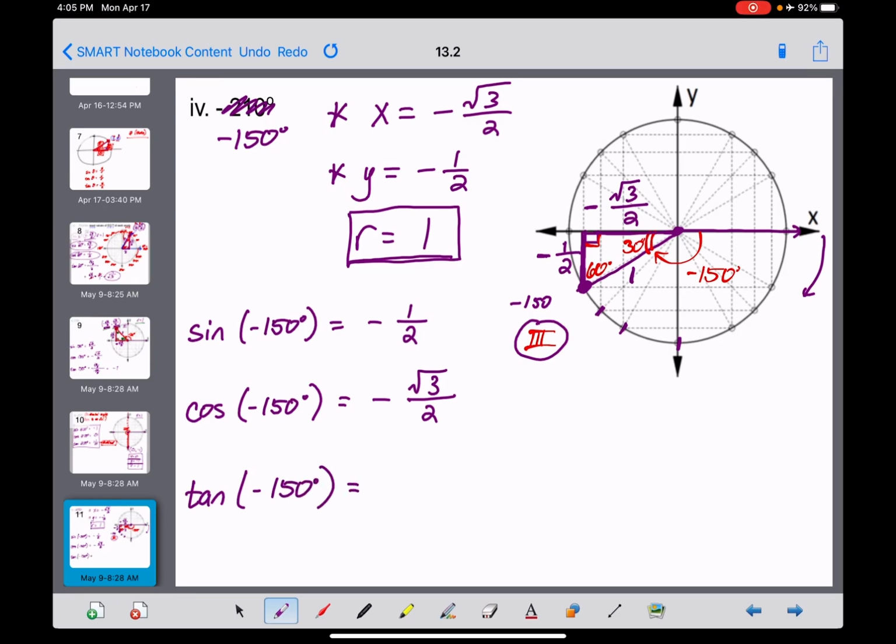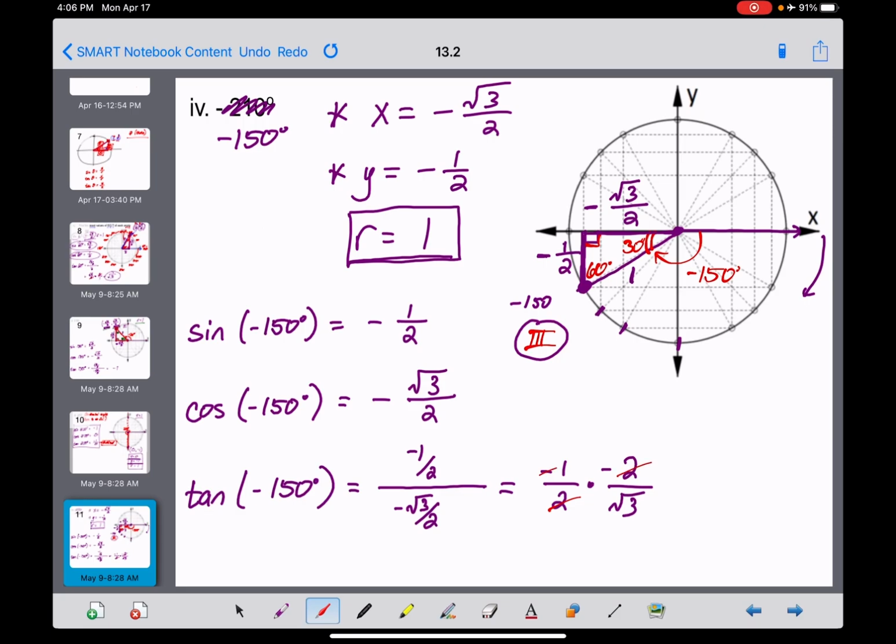Tangent is defined as y/x. So this one now, guys, I'm drawing my big fraction bar here. My y-coordinate is -1/2 divided by my x-coordinate, which is -√3/2. And again, we don't like to divide by a fraction, so we're going to multiply by its reciprocal. This is negative 1/2 times a negative 2 over root 3. Okay, what happens here, guys? The 2's cancel.